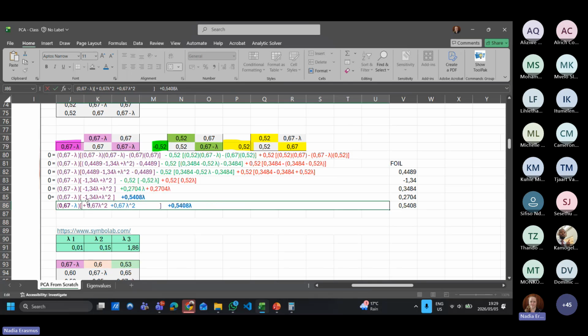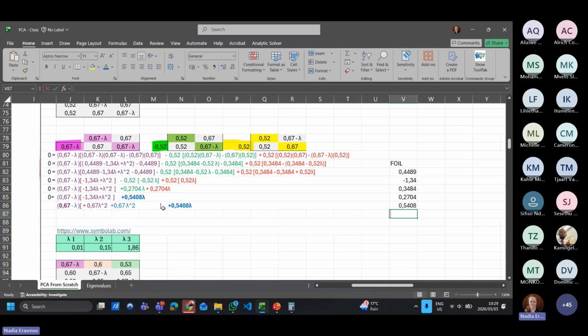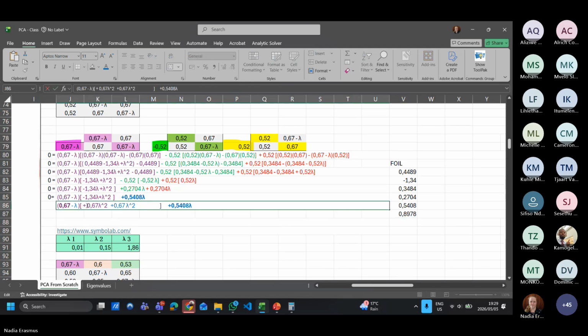So it is now equal to 0.67 multiplied by 1.34. It is a positive and a negative, so it's a negative 0.8978 lambda. Lambda stays the same, plus 0.67 lambda squared.